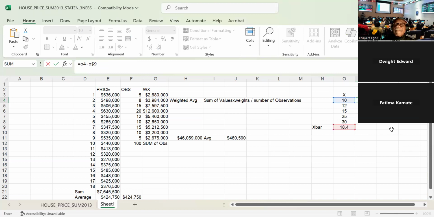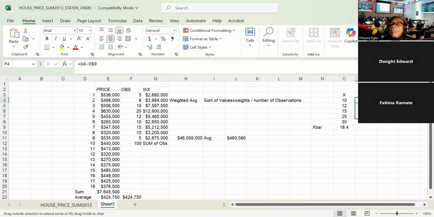You can see that each value will be subtracted from the mean. Okay. So 10 minus 18.4 is 8.4.